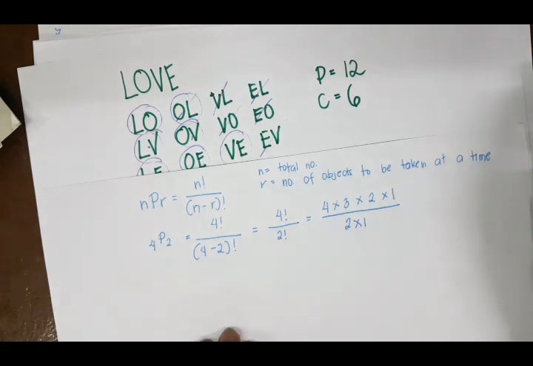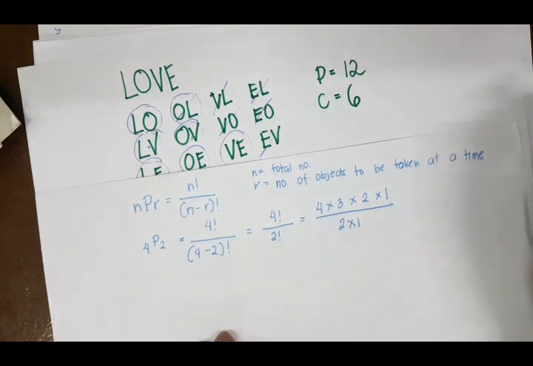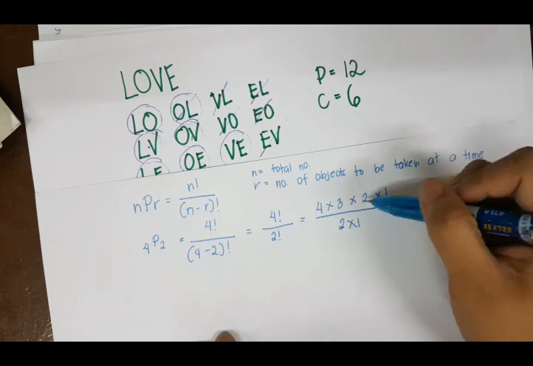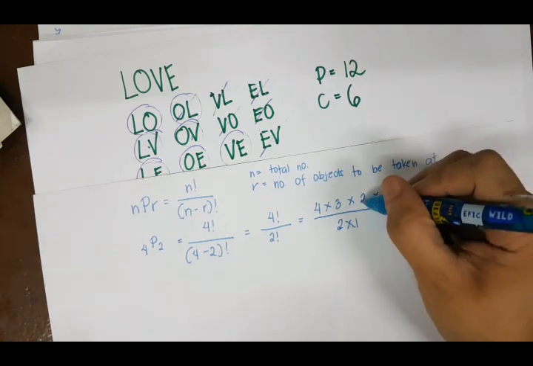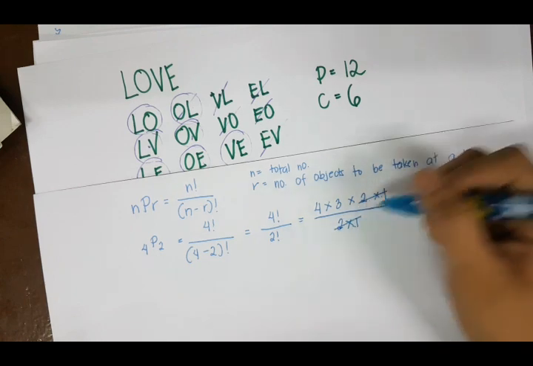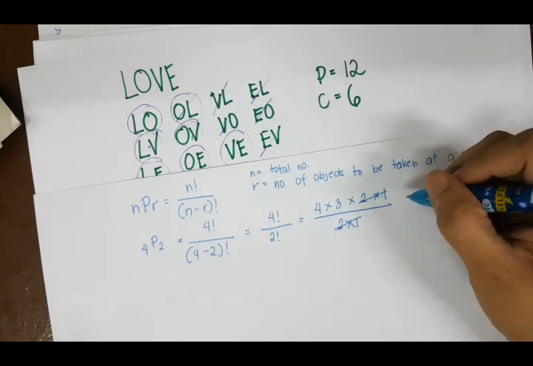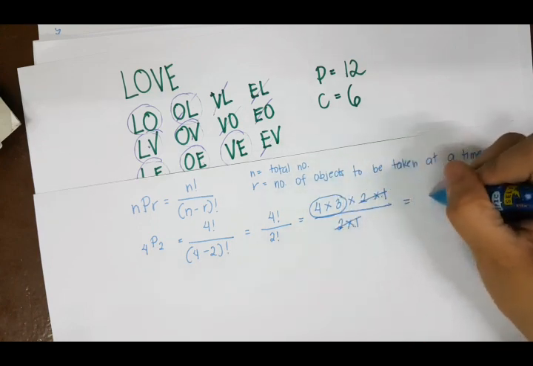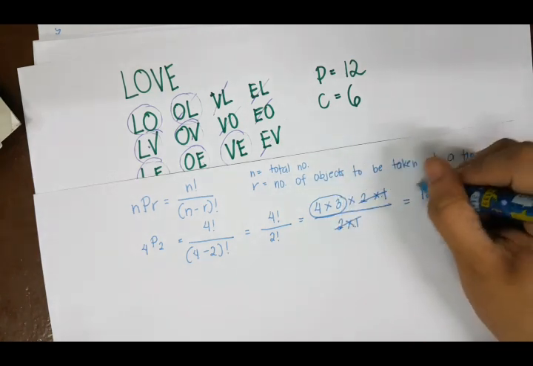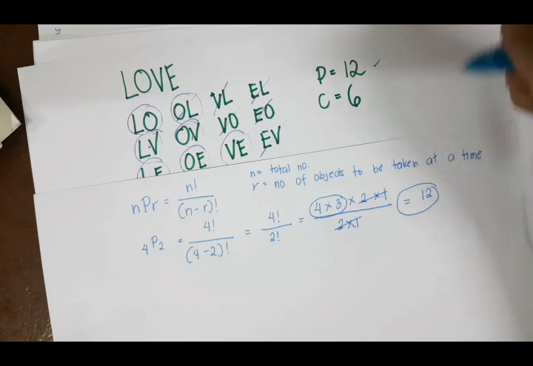So looking at this equation, 2 times 1 and 2 times 1, they will be equal to 1, so we can cancel it. So we are left with 4 times 3. So 4 times 3 is 12. So as you can see, it's just equal.